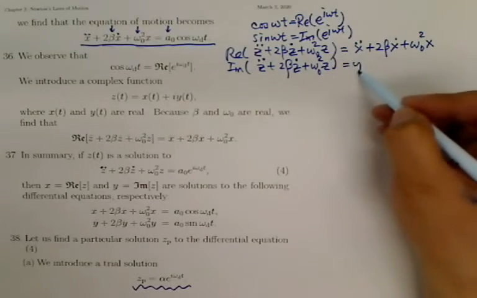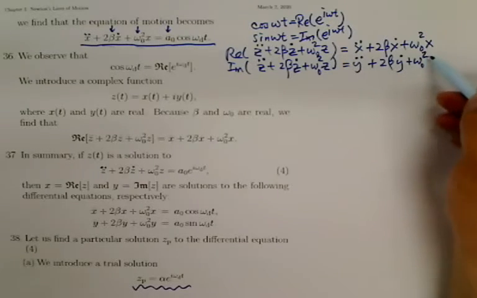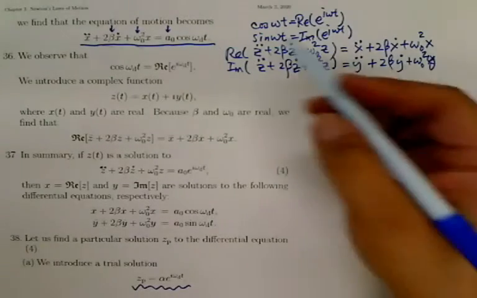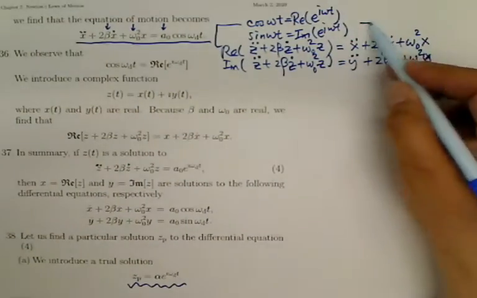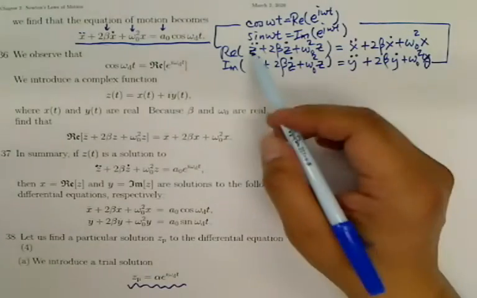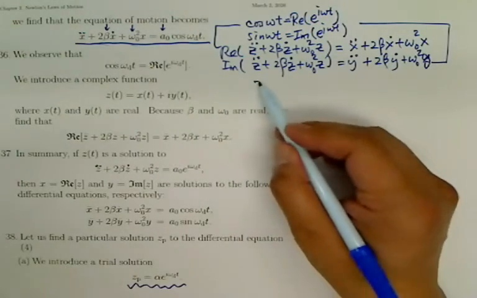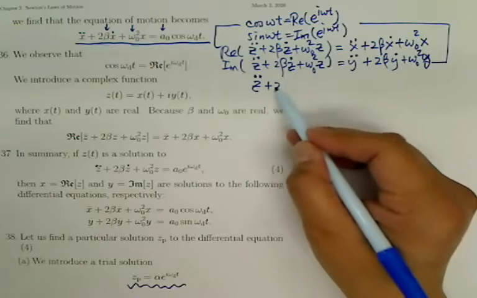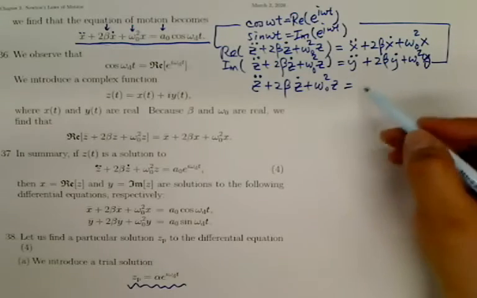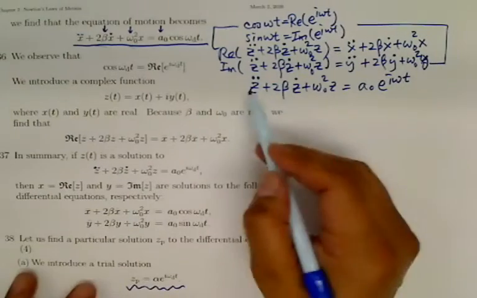Then I would get y double dot plus 2 beta y dot plus omega 0 squared y. Therefore, this one is related to this and this one is related to that. If I combine the real and imaginary parts all together, right, that's right.